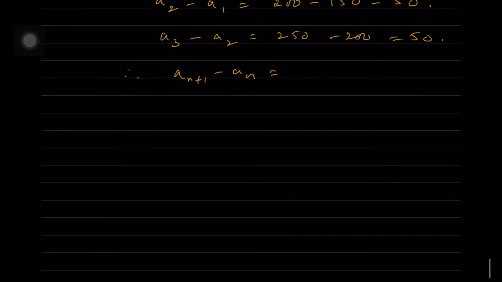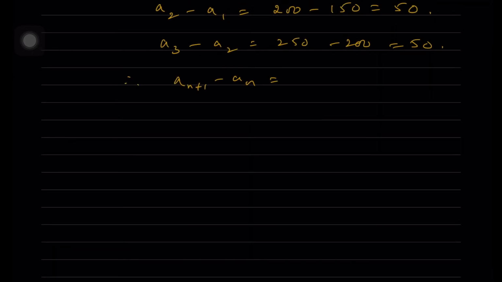So therefore here you are having A(n+1) minus A(n) equal to 50 every time.